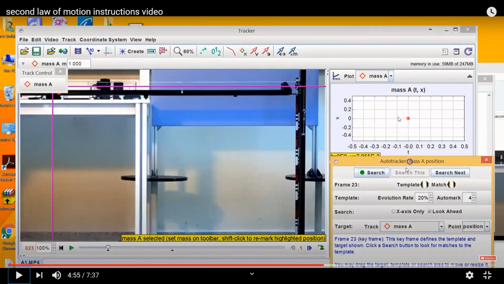The data belonging to this measurement is entered into the position time graph.